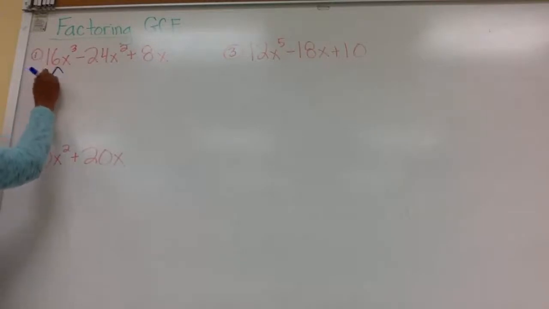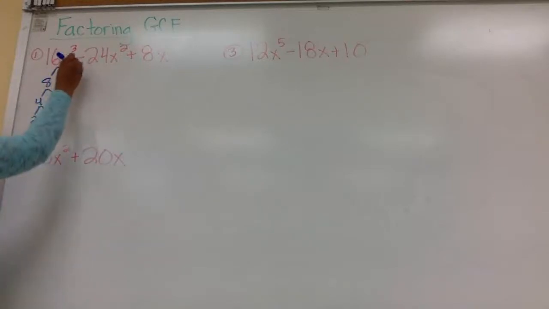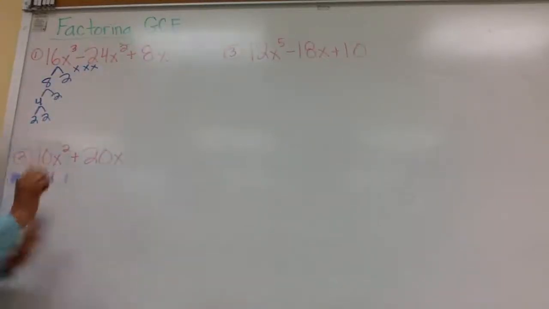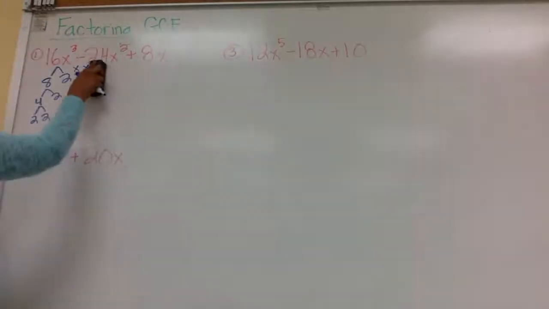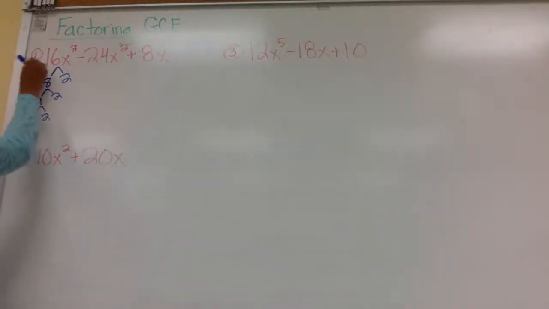So here we are. I'm going to do 8 times 2, 4 times 2 and 2 times 2. I have 1, 2, 3 x's. Let me write my x's somewhere else so as not to interfere with my second term. So I did a factor tree for 16x to the third. I wrote my 3 x's and broke it down to prime numbers. I'm going to do the same thing with my second term.